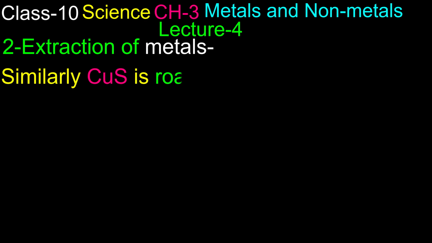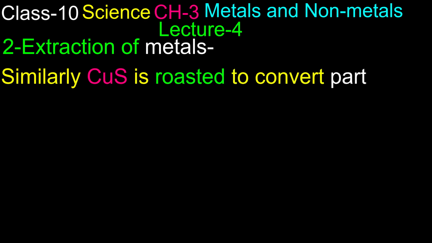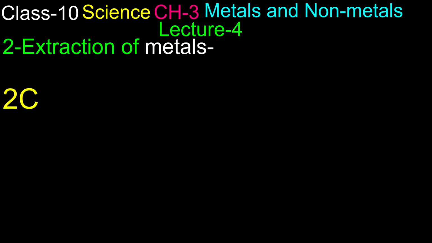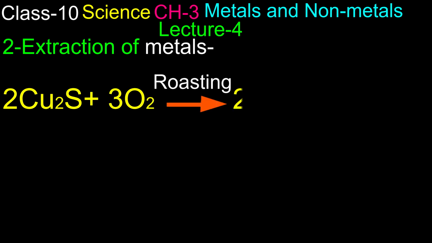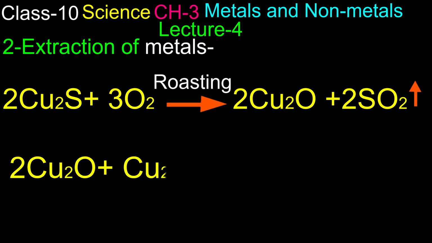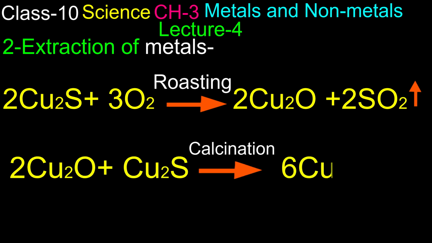Similarly, Cu2S is roasted to convert partially into its oxide and then calcined. The reactions are Cu2S plus O2, on being heated, produce Cu2O plus SO2. And the second reaction, Cu2O plus Cu2S produce Cu plus SO2.